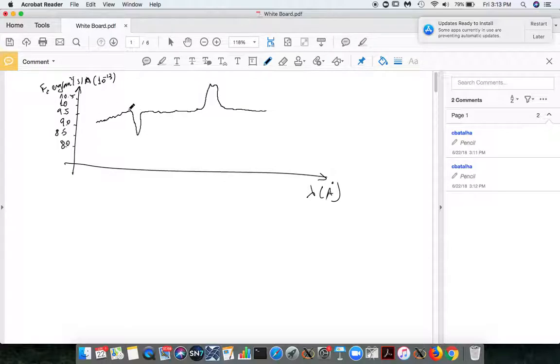Now, when we present tables and profiles in publications, usually we present the profiles like this, with the real flux measured at the detector, or the flux we receive here on Earth. So that's one way of presenting. But we don't have that. We don't have this flux calibrated that way.